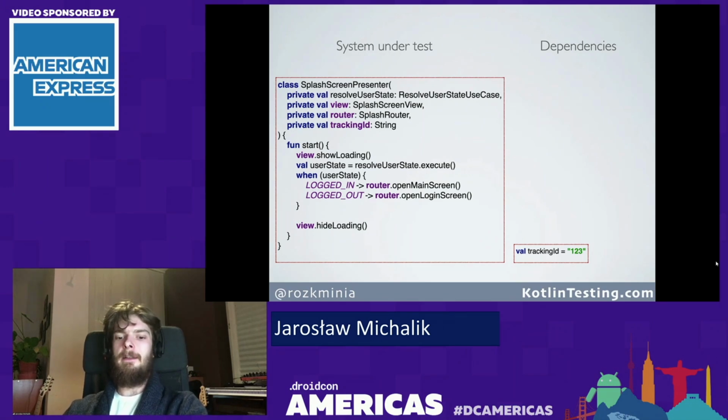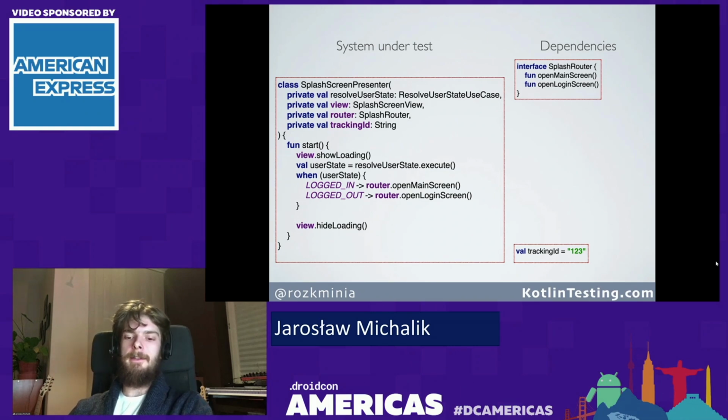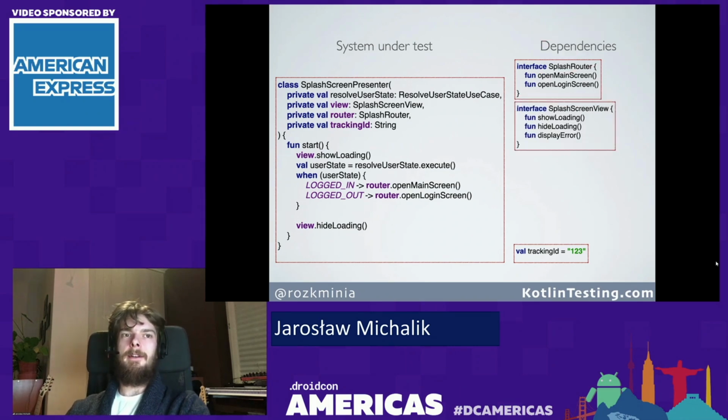And splash screen dependencies are hidden behind interfaces. We have a router, which would be responsible for opening given screens. We have an interface for the view, such as an activity or fragment, where we would display loading or trigger an error message.